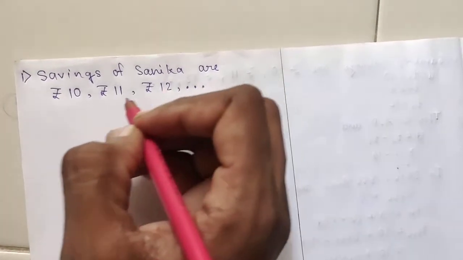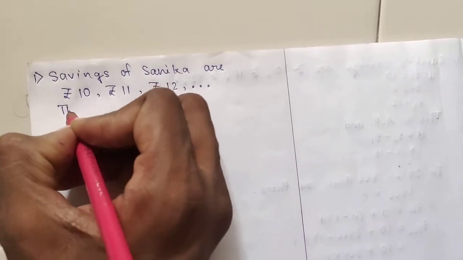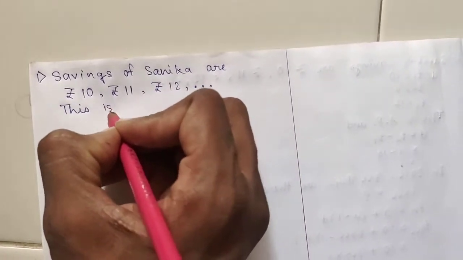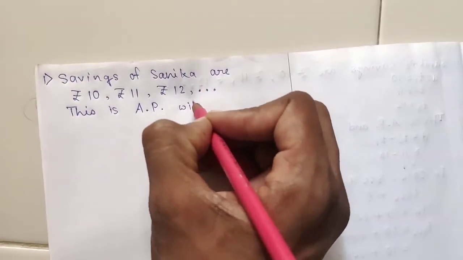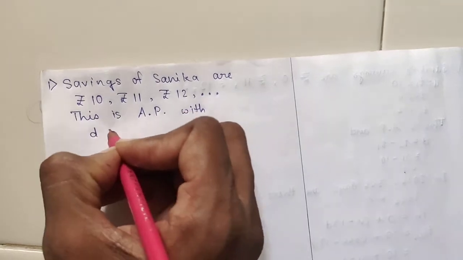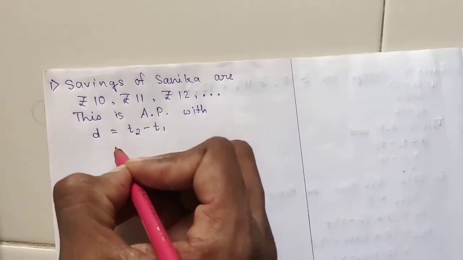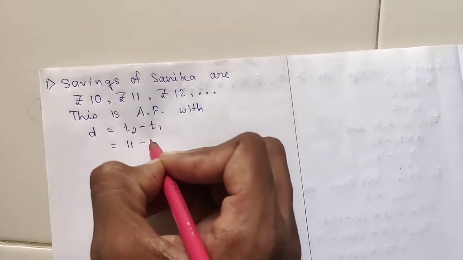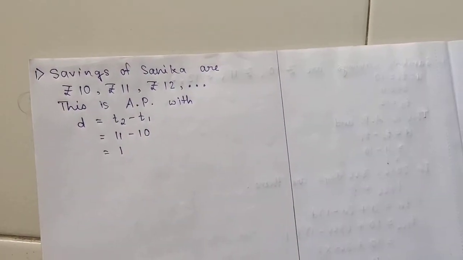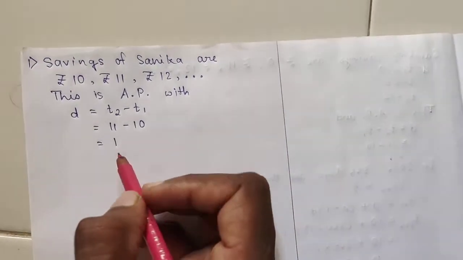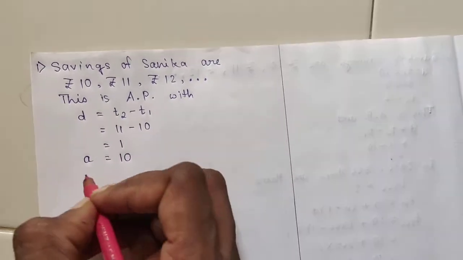Now this is an AP, right? So we can write this is an AP with what is the common difference? D is equal to second term minus first term, that is 11 minus 10 gives you 1. So we know that the value of D is 1. Also we know the value of A is 10.